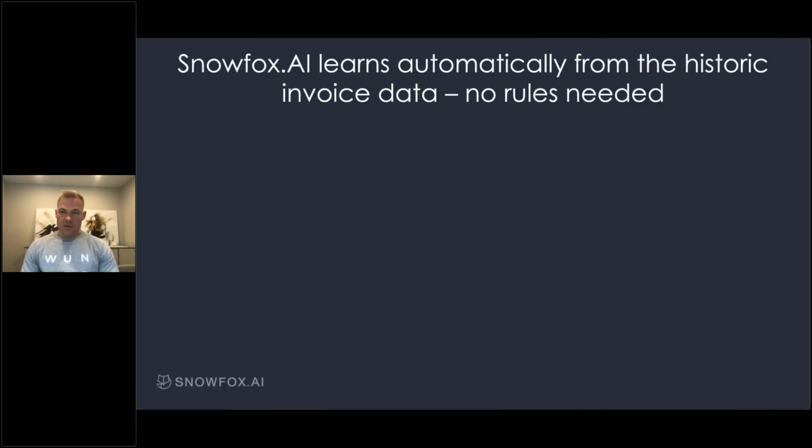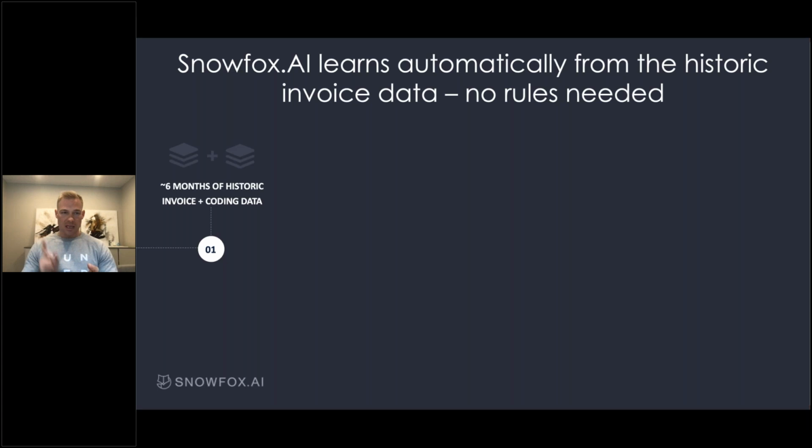But how does the AI actually work? How does it learn to code your invoices automatically and route those invoices automatically? When you think about rules-based automation, you always start by building rules manually, right? With AI, it's actually the other way around. We never start by building rules, but we start by extracting historic invoice data for AI.